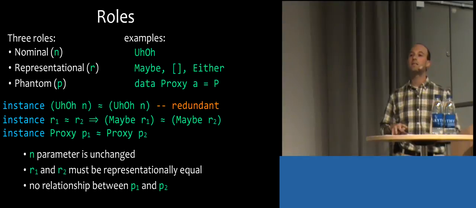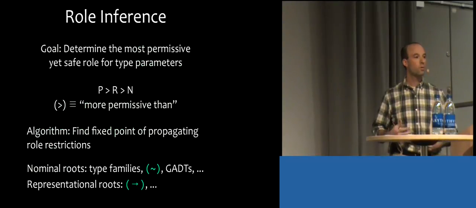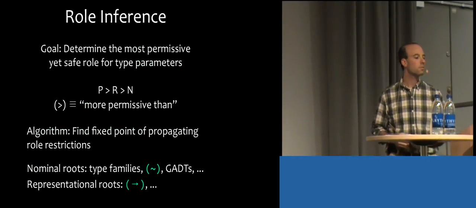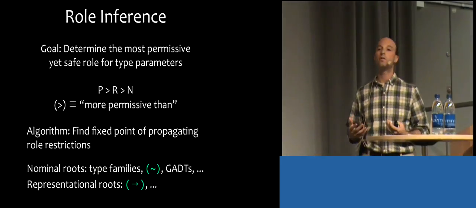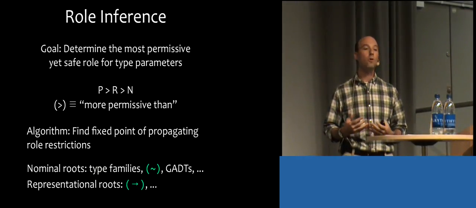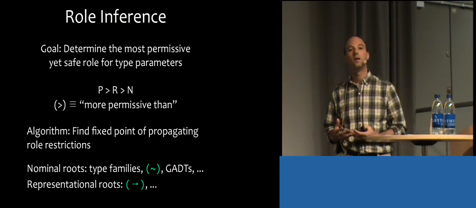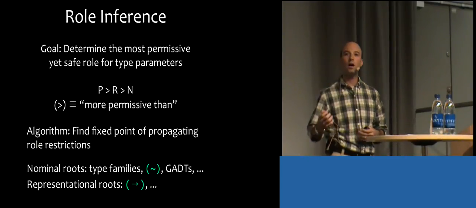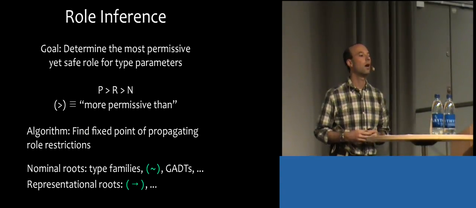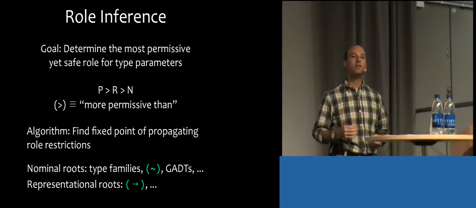So our type safety depends on getting the right role. Where do these roles come from? Well, they come from role inference. Our goal in role inference is to figure out what the most permissive role allowed for each type parameter is while still retaining safety. We can think of this as a constraint propagation problem, where in the data type definition we see where these type parameters are used.